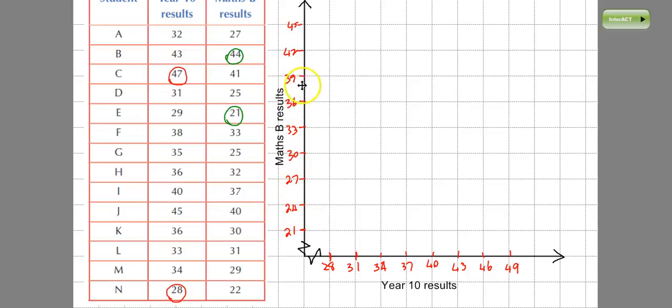It doesn't really matter. Whatever makes your scale fit. So we did that by identifying the smallest number and the largest number and then fitting the scale. Now when you do your own question, you might very well have a completely different scale. You might have a different scale to even the person sitting next to you.